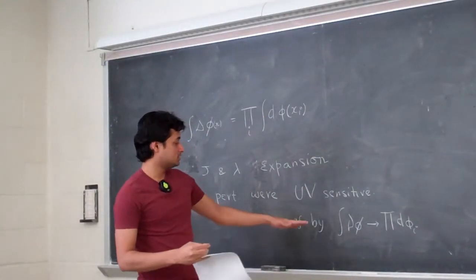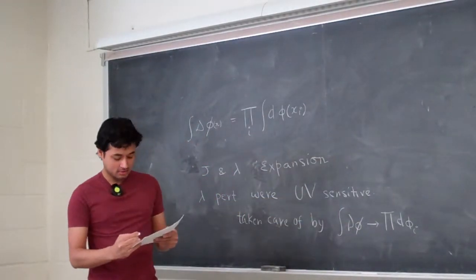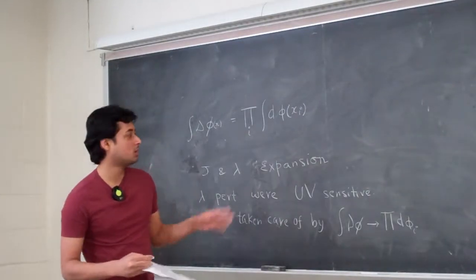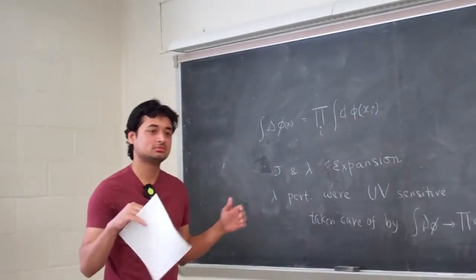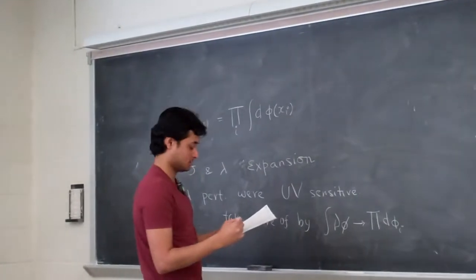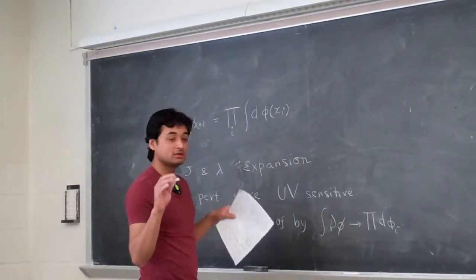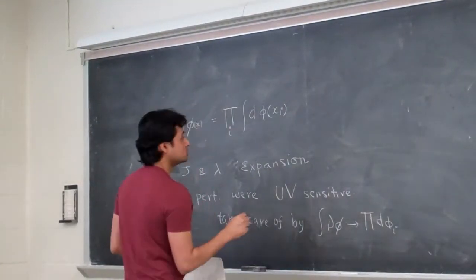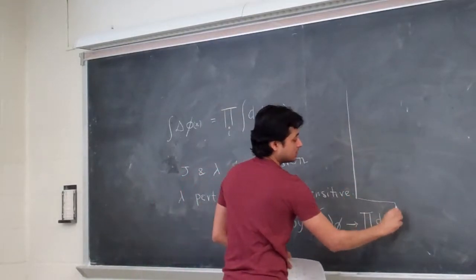So this discretization already does that now, but that's one regulator, which is taking care of one UV sensitivity. The other regulator is this epsilon regulator. So there are two things which are regulating.